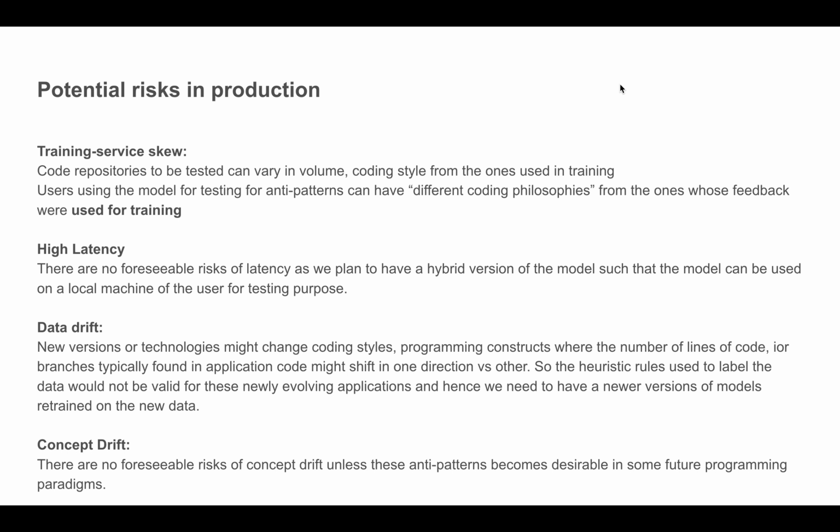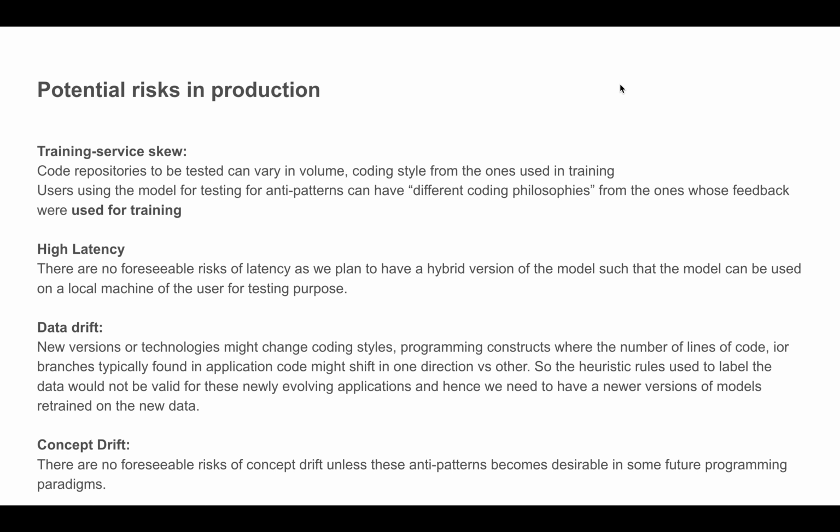Data drift, there is considerable chance of data drift because software development is a field that changes rapidly over a period of time. There are new coding styles, new programming constructs that evolve over time, and as a result of this, the heuristic rules that we had initially used to label the data which was used for training the model might not be true after a certain time.